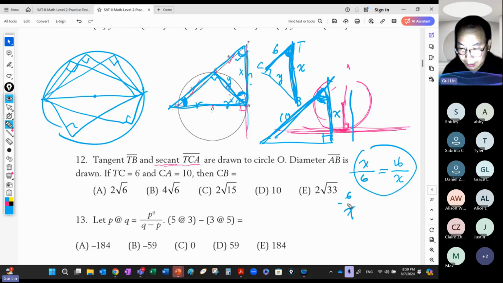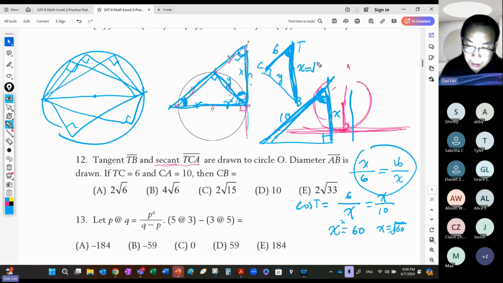Cosine here from this one is x over 10. So you can get x equal what? 60. So x equals square root 60, right?